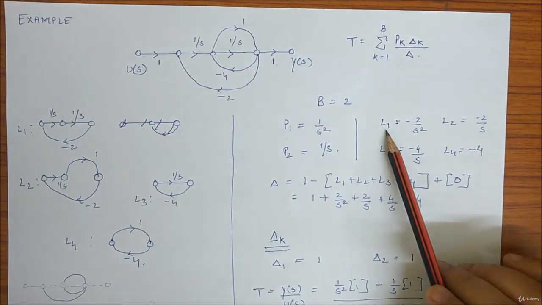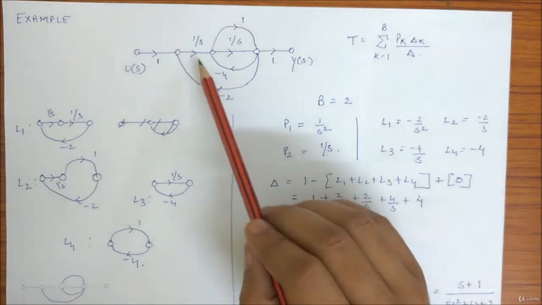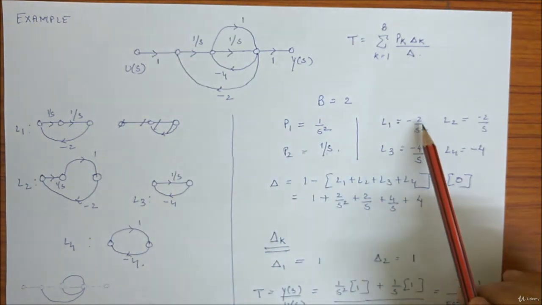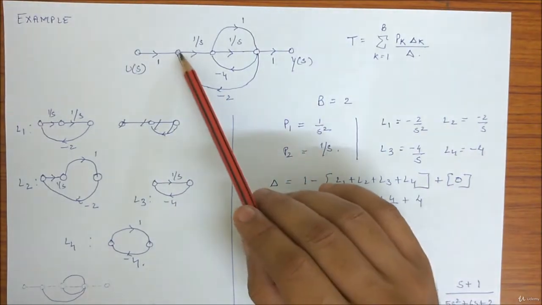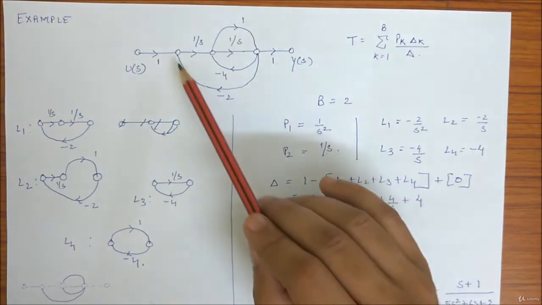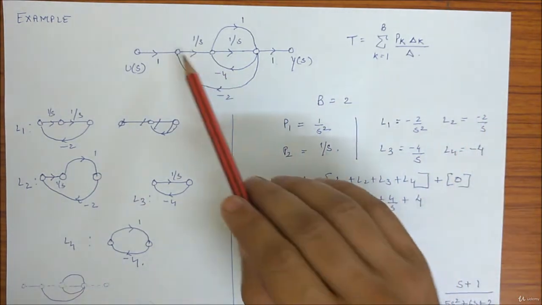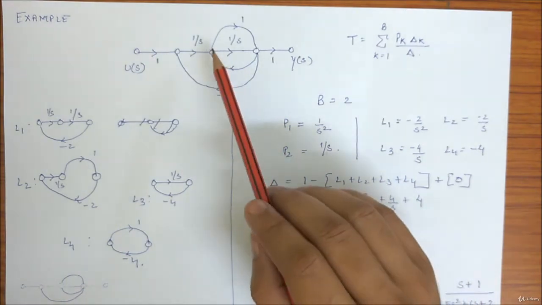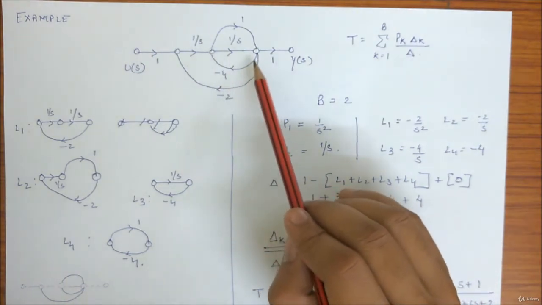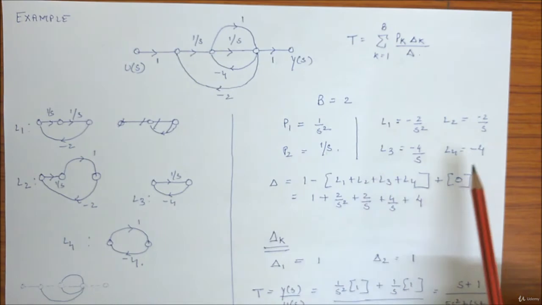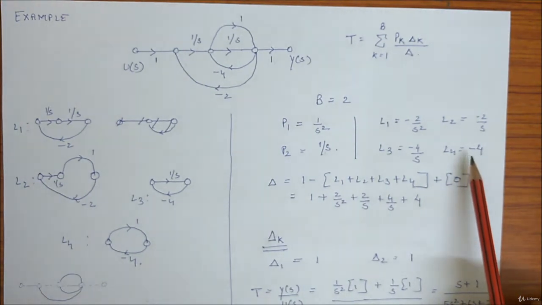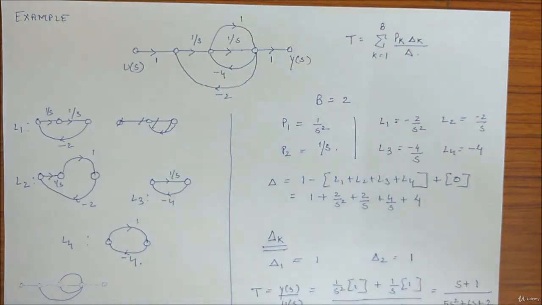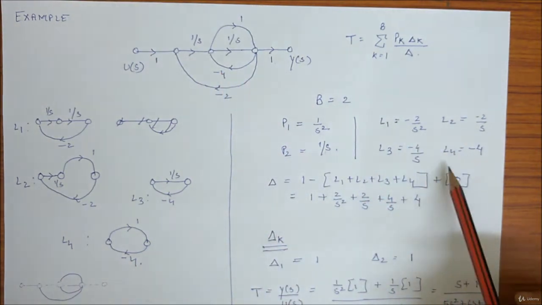Here you will see I wrote L1, which is this bigger loop, that is minus 2 by s square. Then I wrote this loop L2, minus 2 by s. Then I wrote the third loop, which is minus 4 by s. Then I wrote the fourth loop, which is this circle, minus 4. So all the 4 loops I wrote separately.